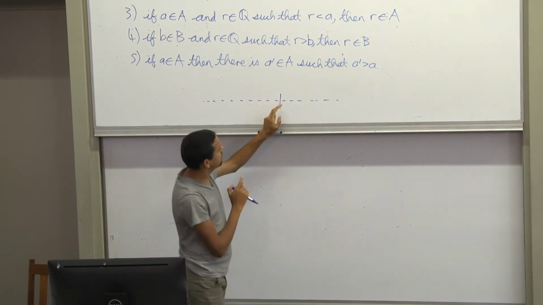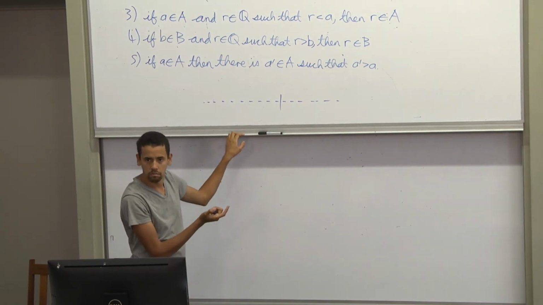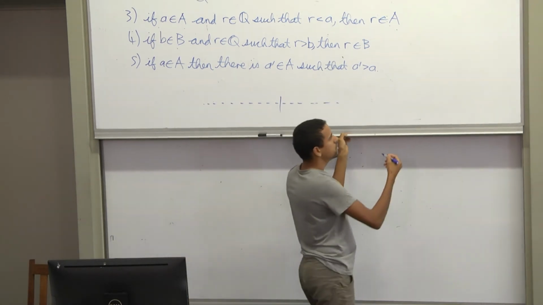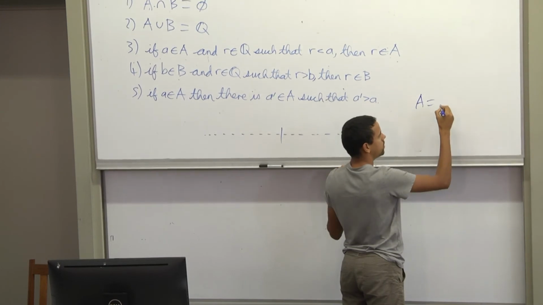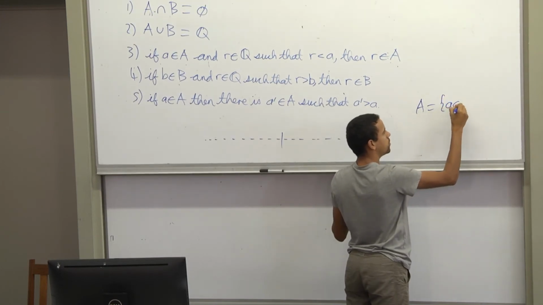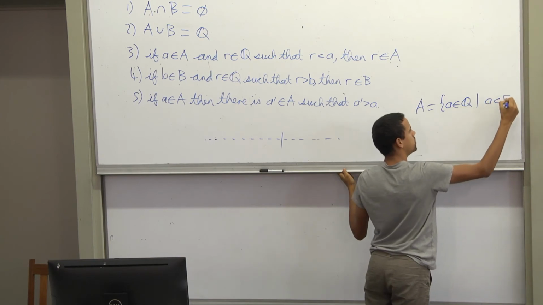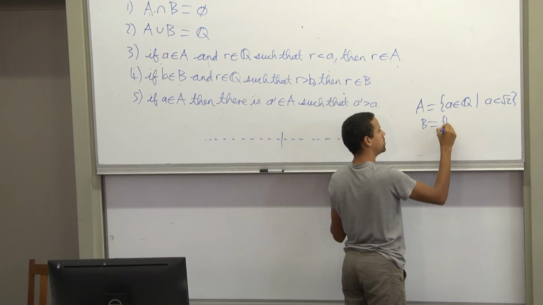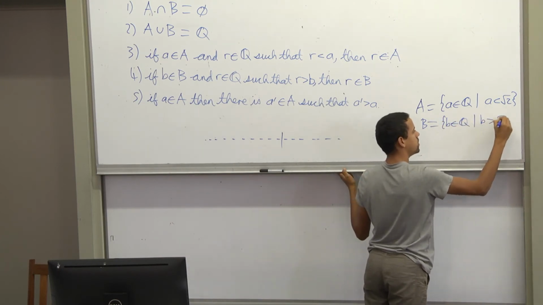But now the point in the middle is not necessarily a rational number. For example, once we have the real numbers, we can say, okay, let A be all the rational numbers where A is less than √2, and B be all the rational numbers where B is greater than √2.